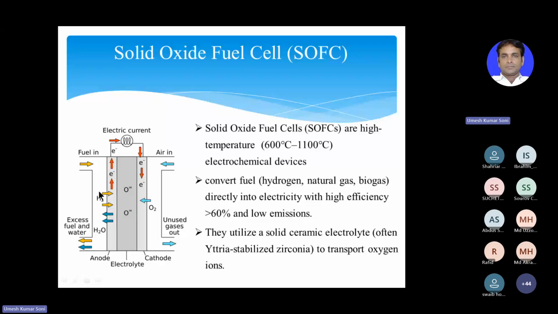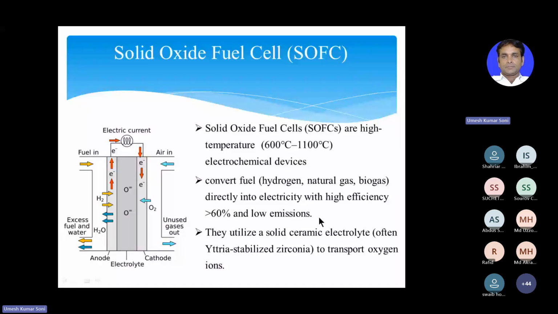Electrons are released here, and the hydrogen ions will travel in this direction, and oxygen ions will be formed here from the air inlet due to these electrons, and hydrogen ions and oxygen ions will combine together in this electrolyte. So here we have a high efficiency of greater than 60%, and it has very low emissions.